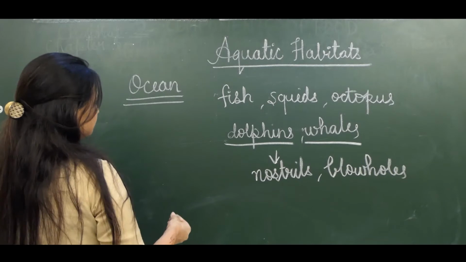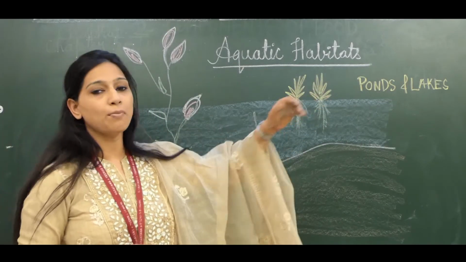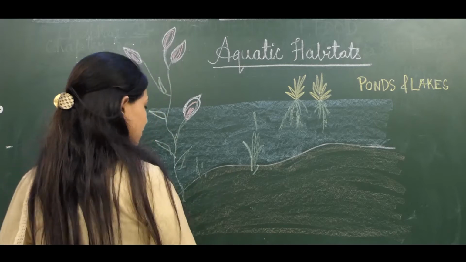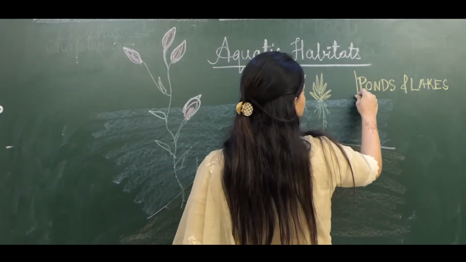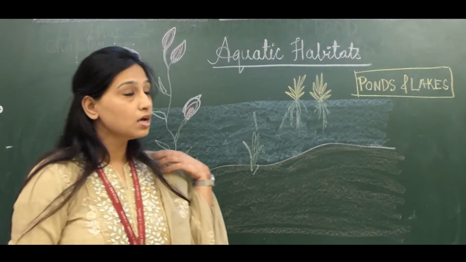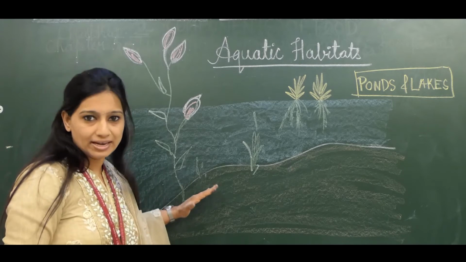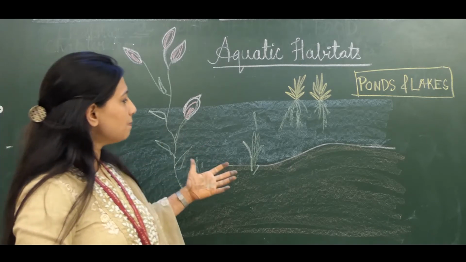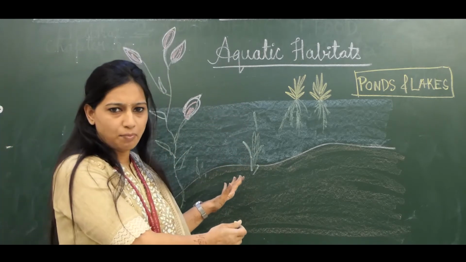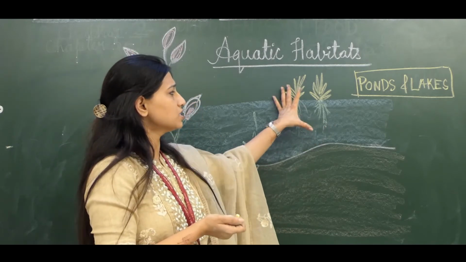So students, we are seeing the second aquatic habitat, which is ponds and lakes. If you have observed the plants in ponds and lakes, you will see different kinds of plants. Some plants have their roots fixed into the soil below the pond. Some plants are completely inside the pond, while there are some other plants which are just floating.